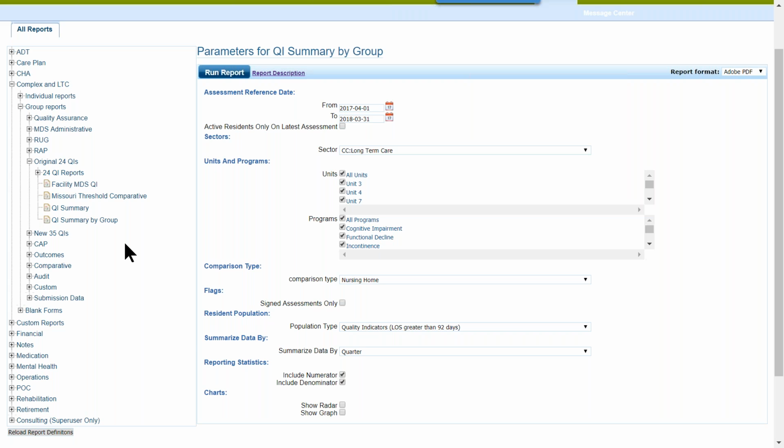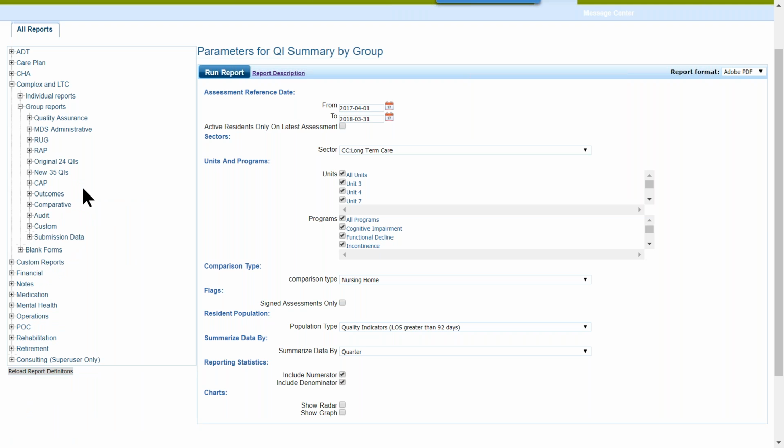So I just find it a much better set of reports. It's not so black box as the 35 QIs. And I would probably use the 35 when I want to compare myself to the other nursing homes in the province. However, the 24 QIs when I'm looking at how am I doing. Okay, so those are the types of things that these reports will allow you to see.